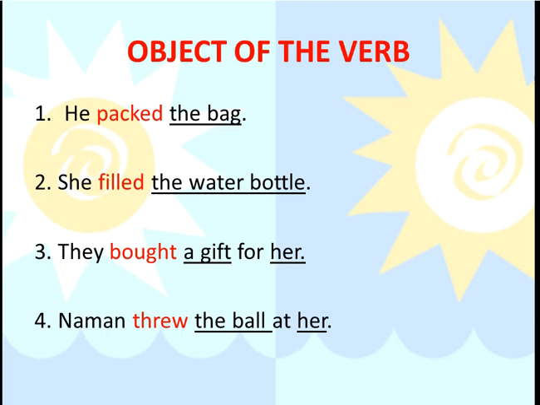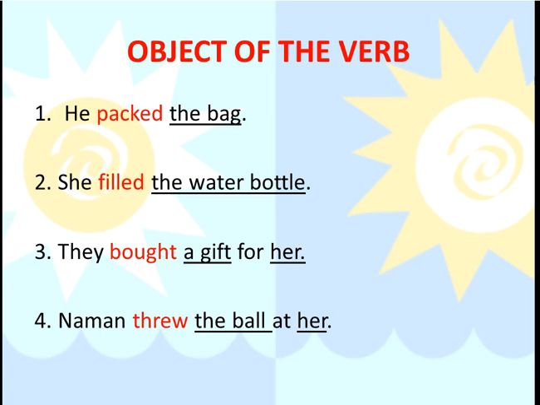Sometimes transitive verbs take two objects, one of which is a thing and the other a person. For example, they bought a gift for her. In the given sentence, a gift is a direct object as the action passes to it directly, and her is an indirect object.